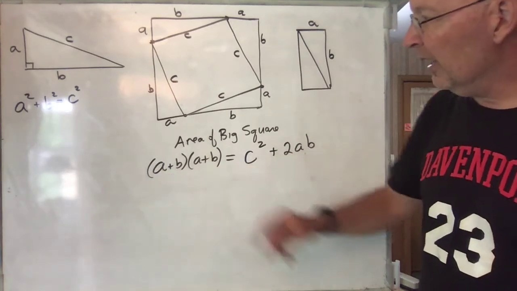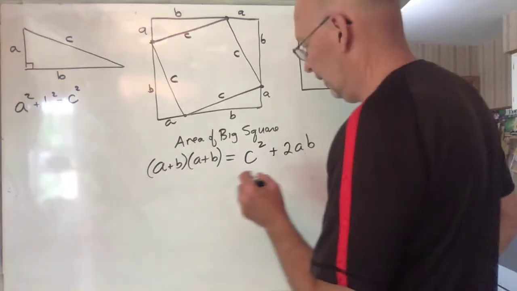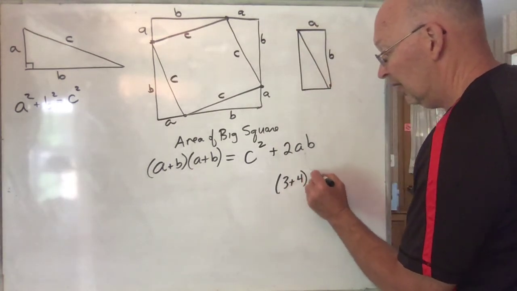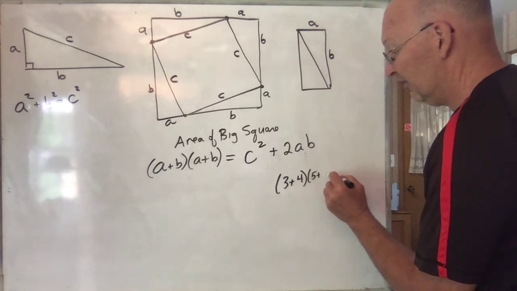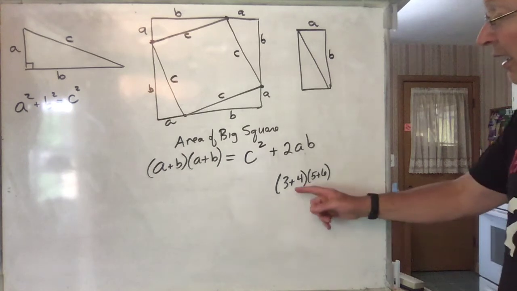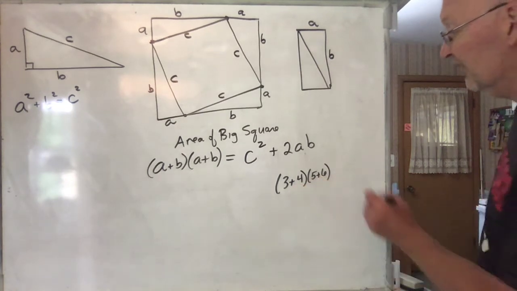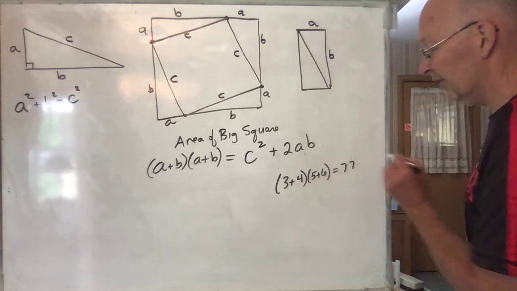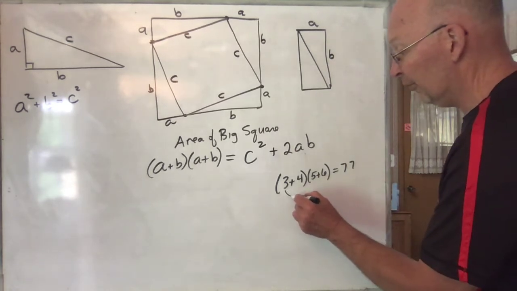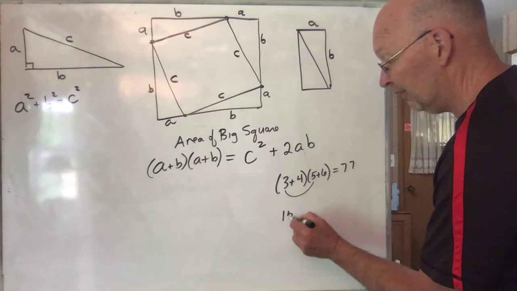So if you multiply 2 numbers together, if I multiply, for example, 3 plus 4 times 5 plus 6, okay, that's 7 times 11 is 77. Agree? That's 77. Another way to get that is you just multiply the 3 times the 5, that gives you 15.